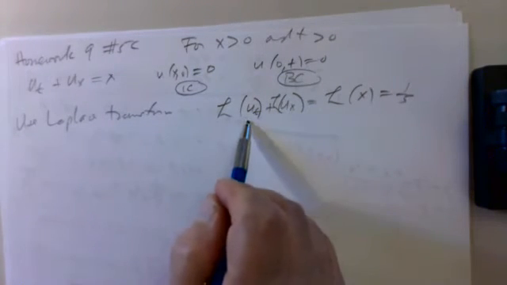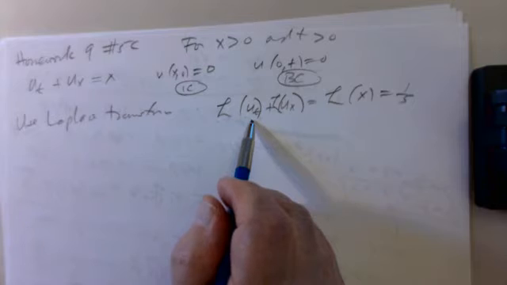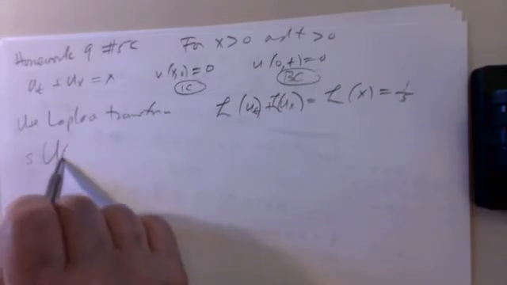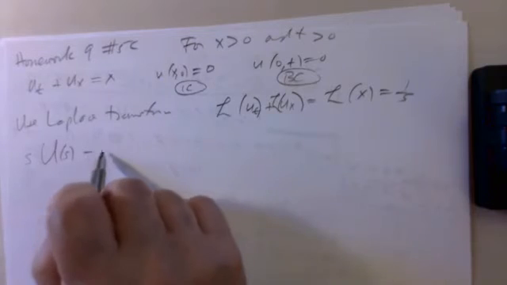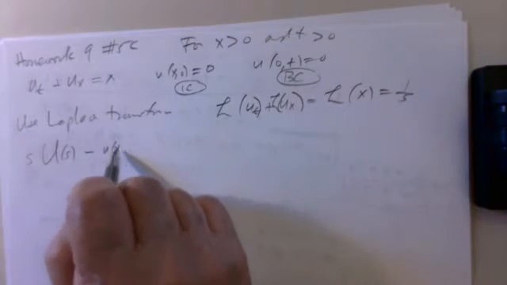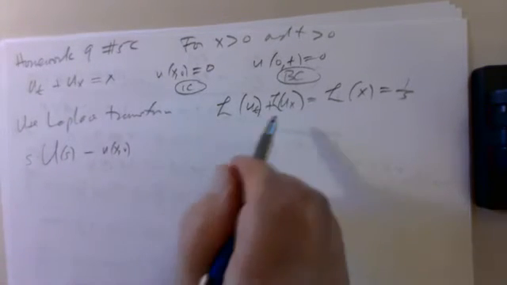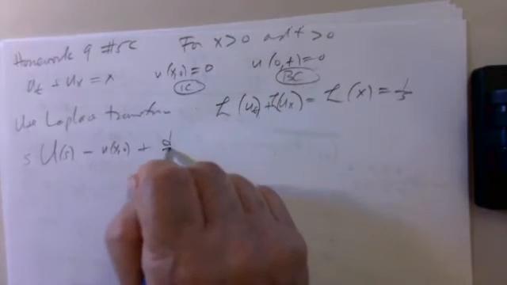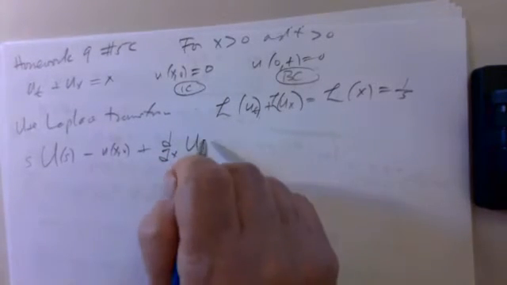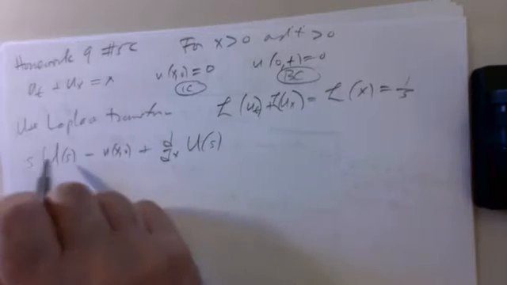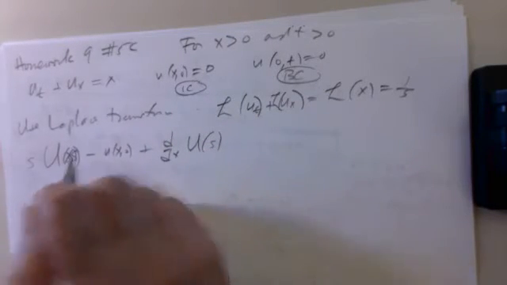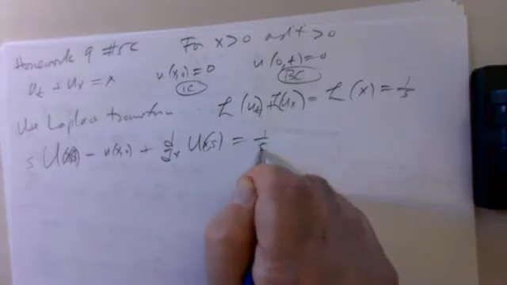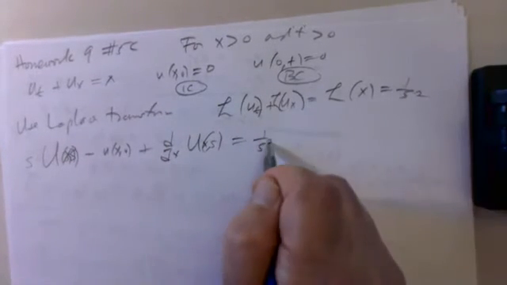The Laplace transform of u_t is s times the Laplace transform of u minus the initial condition u of x, 0, plus the Laplace transform of u_x, which is the derivative with respect to x of the Laplace transform of u, this is really u of x comma s. And that's equal to 1 over s squared.